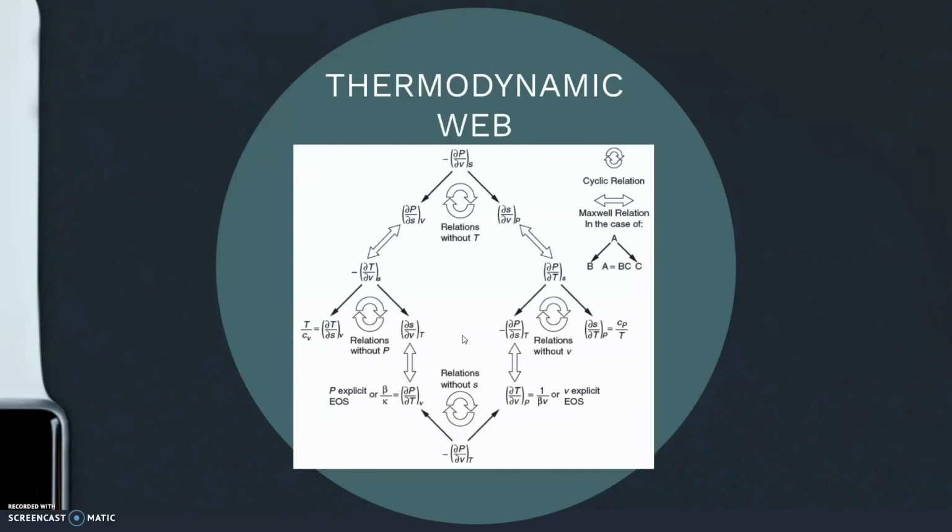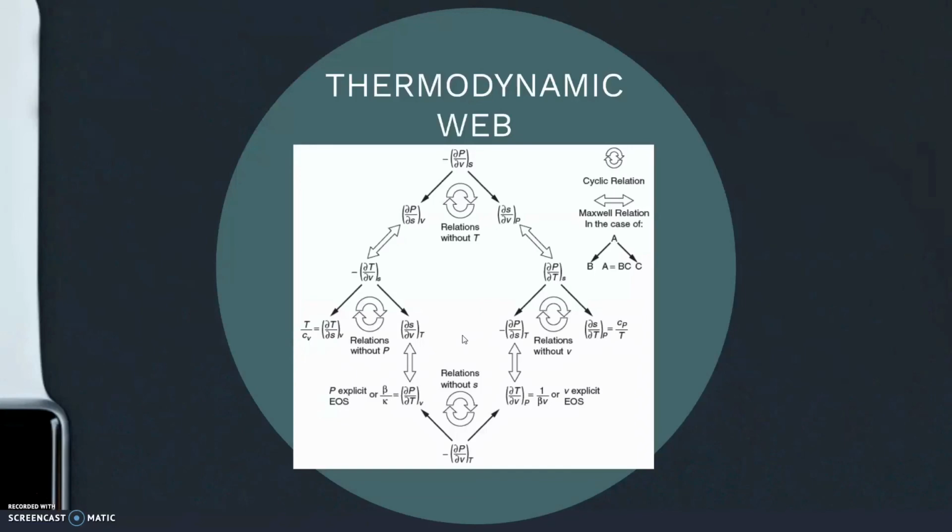The first left is negative dP over dS at constant T, and the first right is dS over dT at constant P equals Cp over T. This is a cyclic relation without V. Moving on to the Maxwell relation in the case of dT over dV at constant P equals 1 over V, or V-explicit EOS.